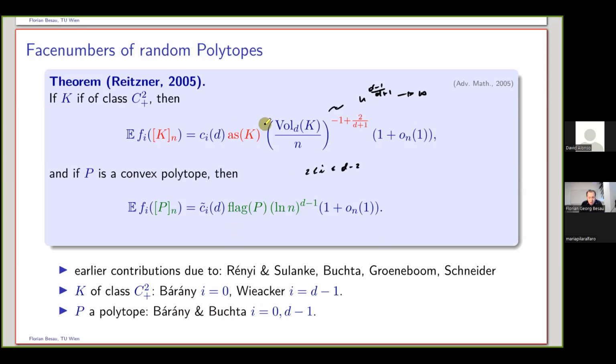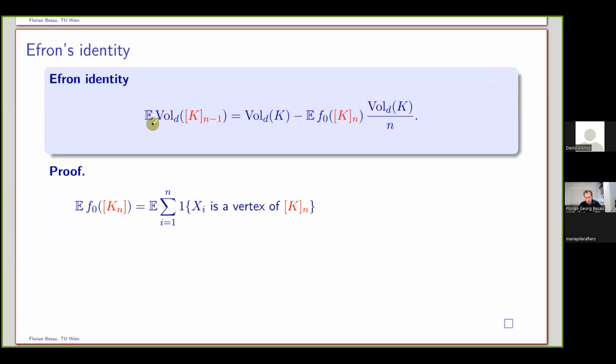Okay, so just to mention this also, there is a very nice connection between the number of vertices, the case i equals 0, and the volume of the random polytope. So this is the last thing I want to highlight in the Euclidean setup. We can connect the expected volume of a random polytope with the expected number of vertices.